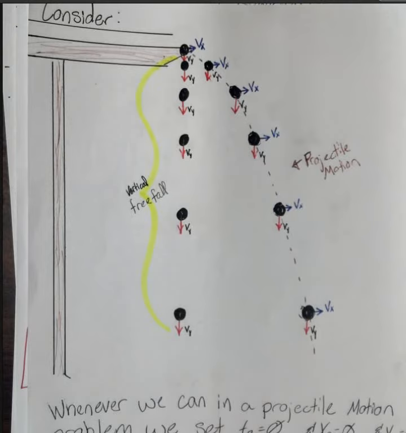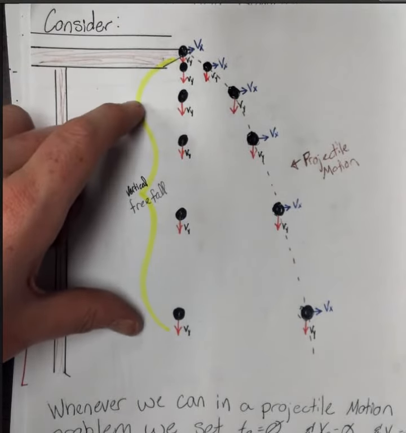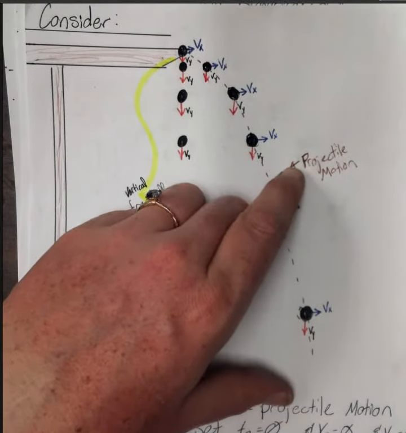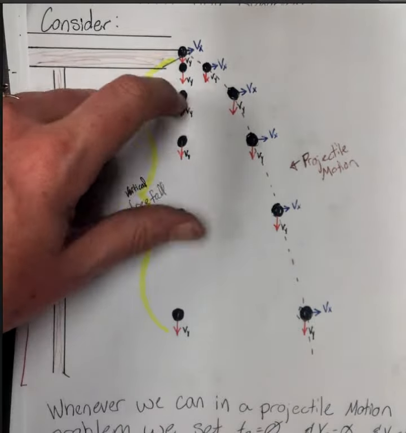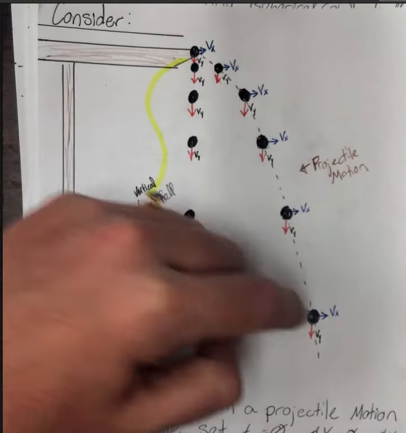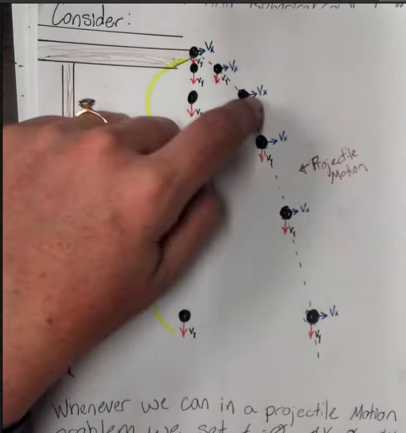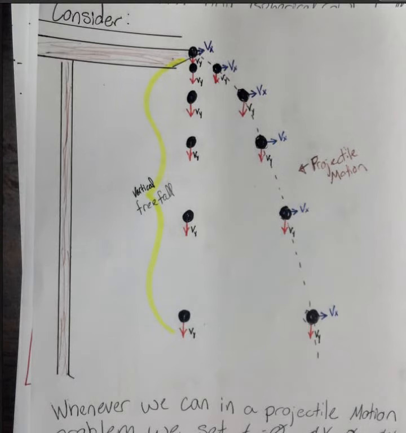Right? We can compare exactly an object that's falling in free fall to an object that is experiencing projectile motion. The thing that's connected between the two of them is their y velocity. If they're both in free fall, then their y velocity at any point in time, at any second along the fall, would be exactly the same, which means we would use the exact same kinematic equations.